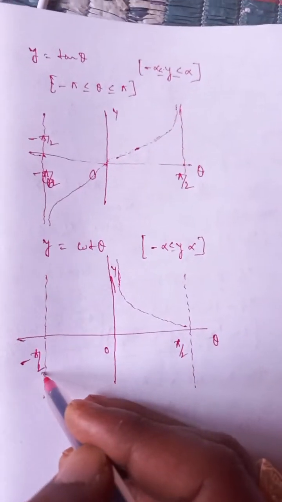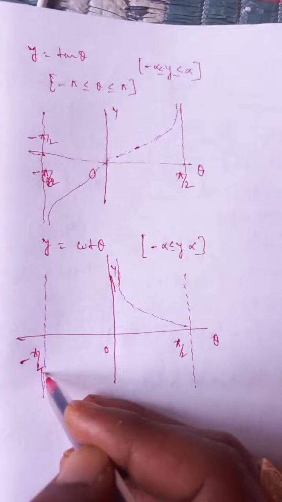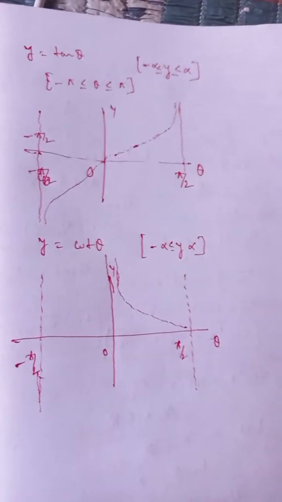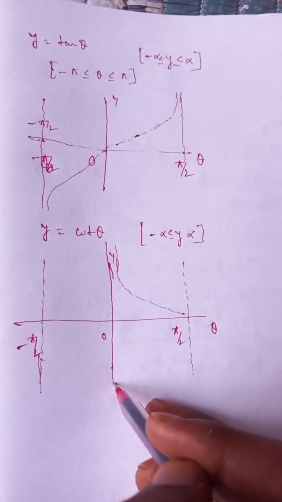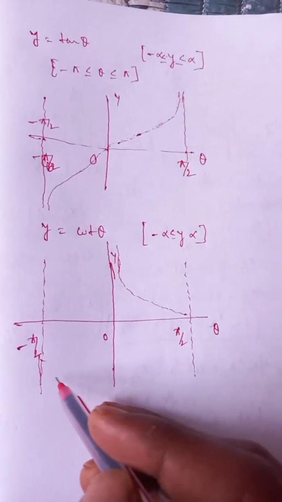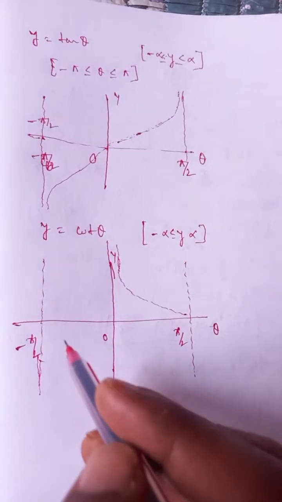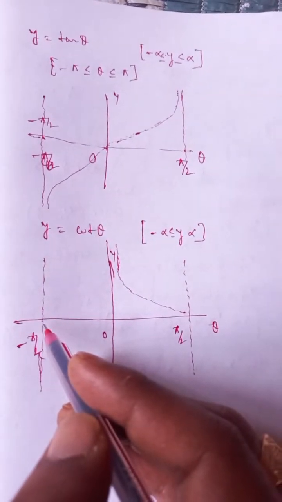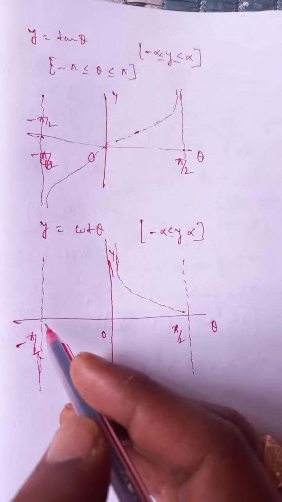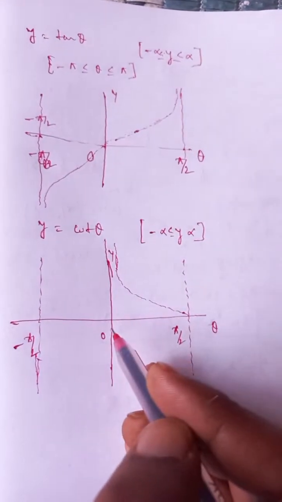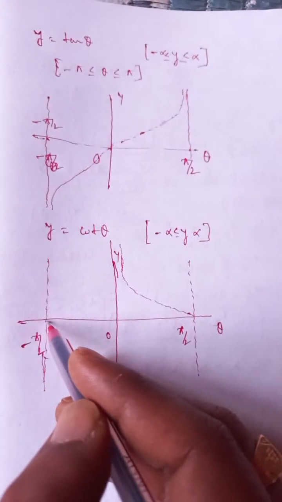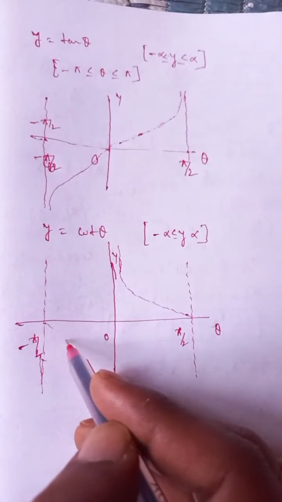And for minus pi by 2, it will be 0, and it will be negative also.